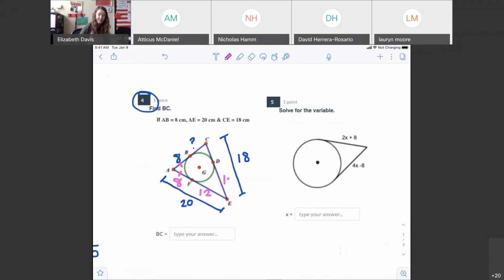So this bit over here is also 12. So that means how much is left here for CD? Six, good. We're going to take 18 minus 12 to figure out that this bit is going to be 6. In that case, what's BC equal to? Beautiful, 6. It's going to be over here.